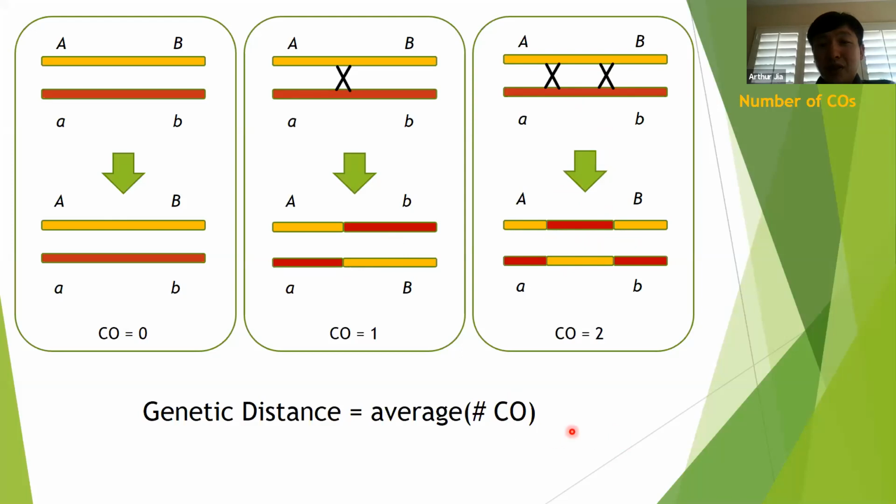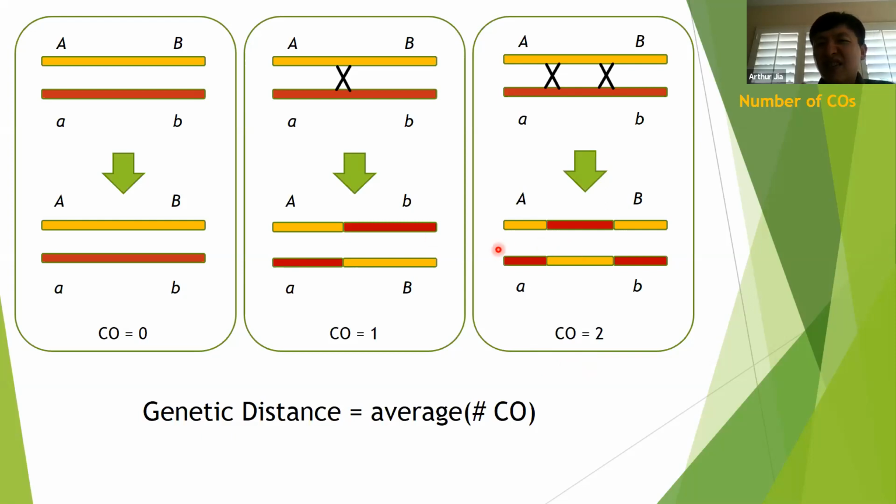So we're talking about the first measurement for the genetic map. We use the number of crossing overs between A and B to calculate the genetic map distance between these two loci. I just listed three progeny, or three meioses.